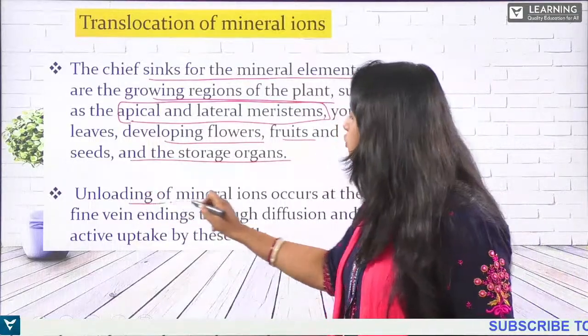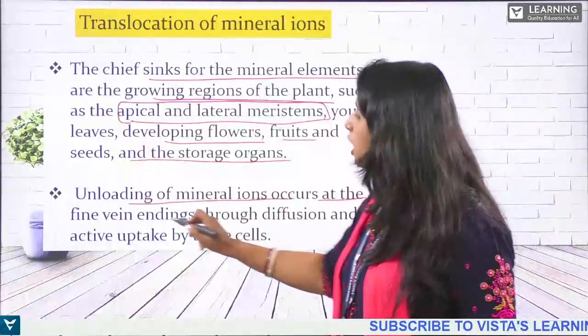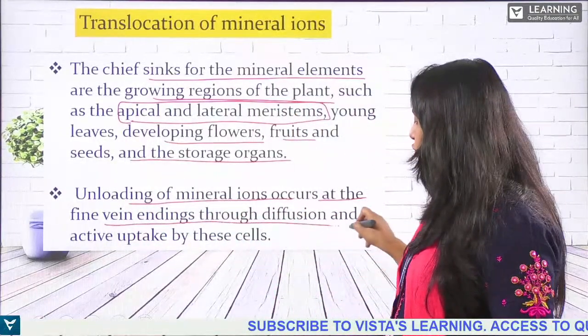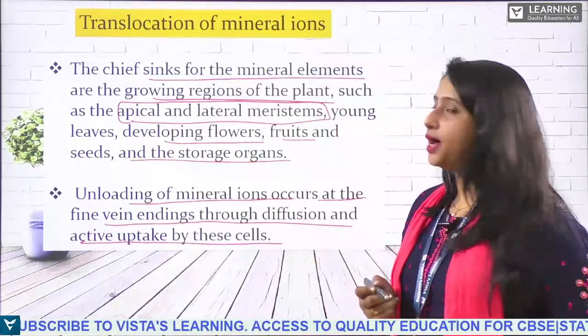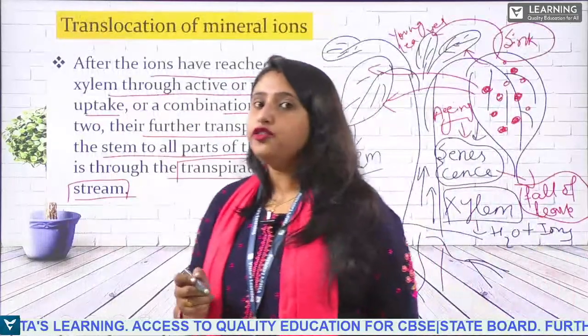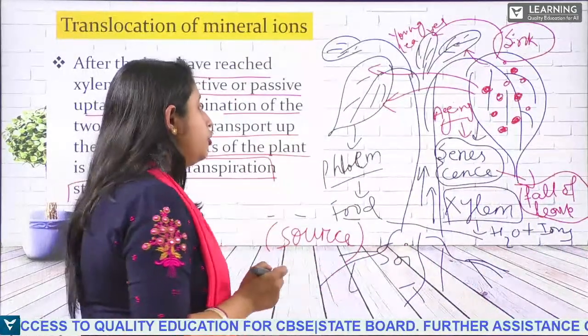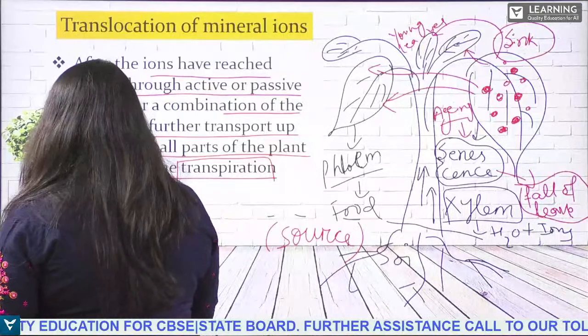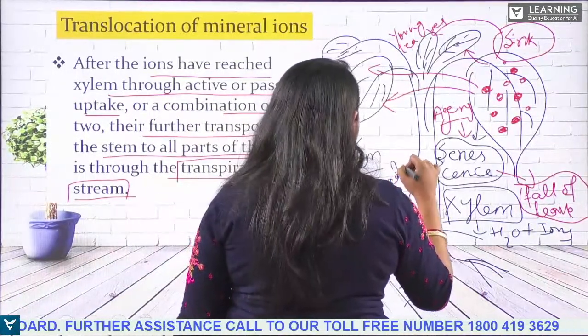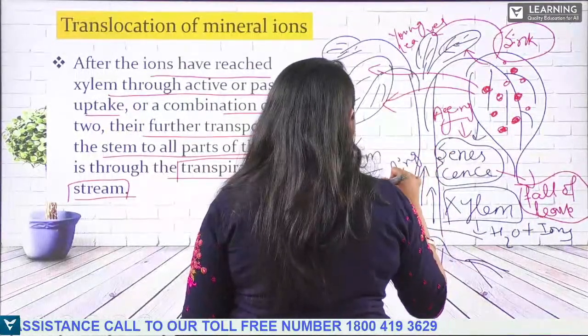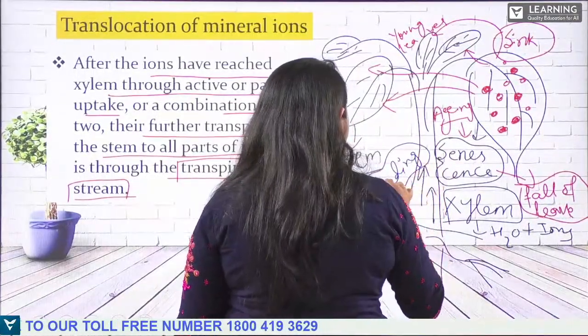Yes, unloading of mineral ions occurs at the fine vein endings through diffusion and active uptake by these cells. So from the source, what happened? Here the loading of mineral ions took place, right?